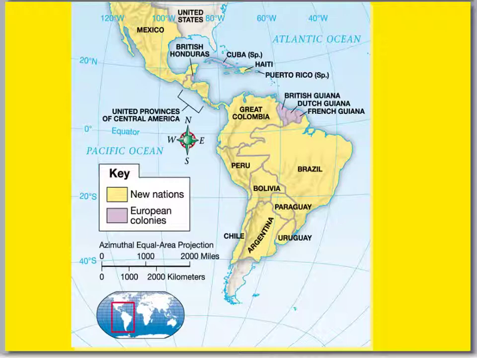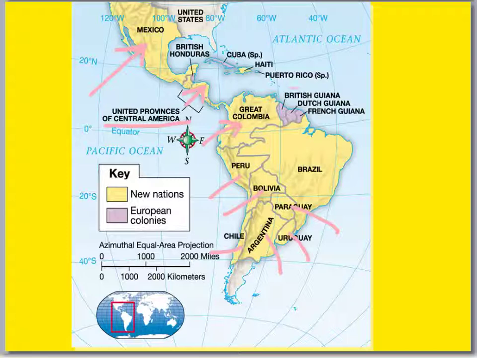So again, here's a map. Now here's Mexico. It's won its independence from Spain. Here's the United Province of Central America right through here. There's Greater Colombia, which is Simon Bolivar, Peru, Bolivia, Paraguay, Uruguay, Chile, and Argentina. Okay. Now Brazil, of course, remember, Brazil was never part of Spain. That was part of Portugal, if you remember that. All right.